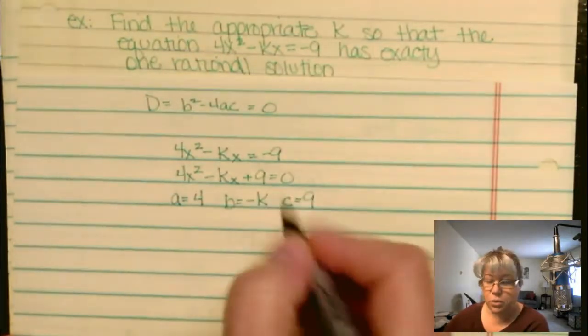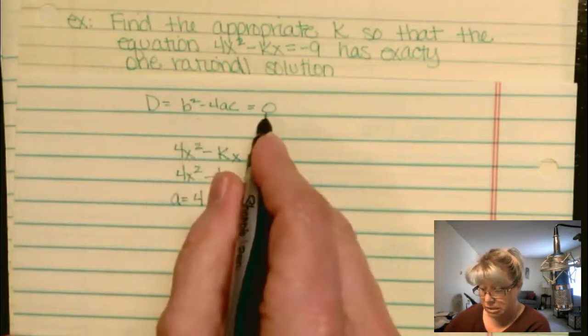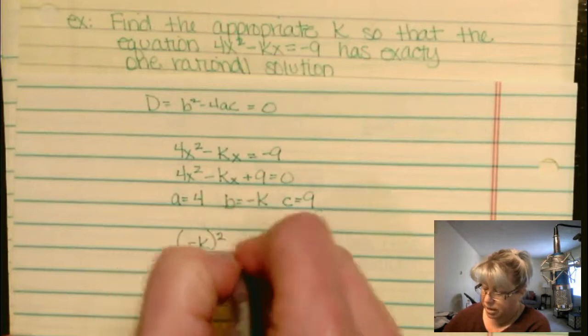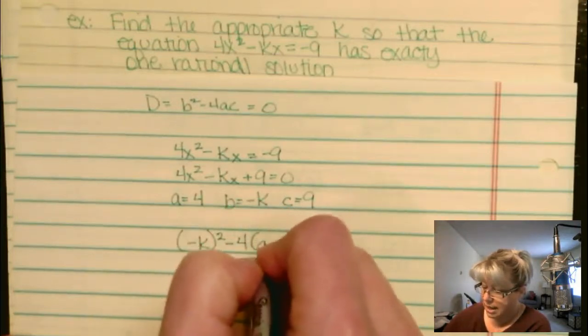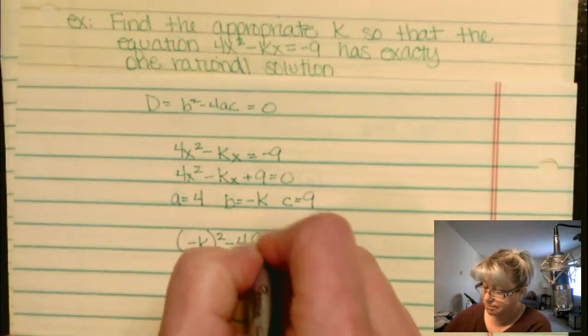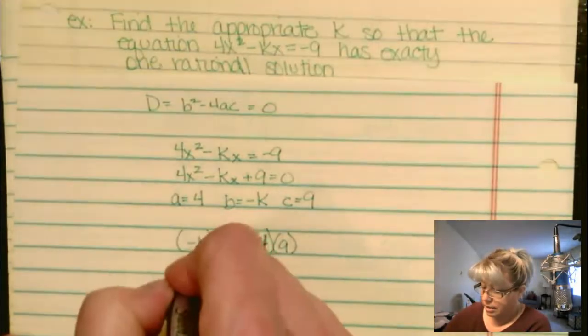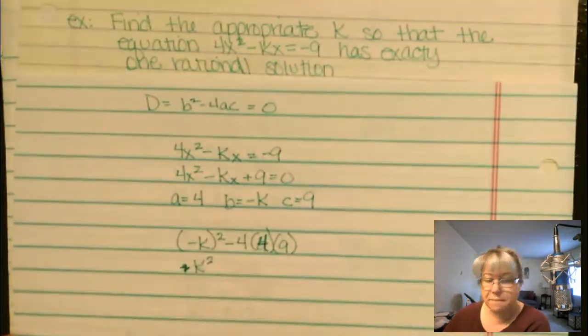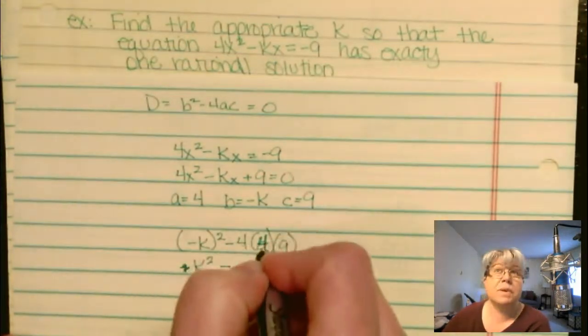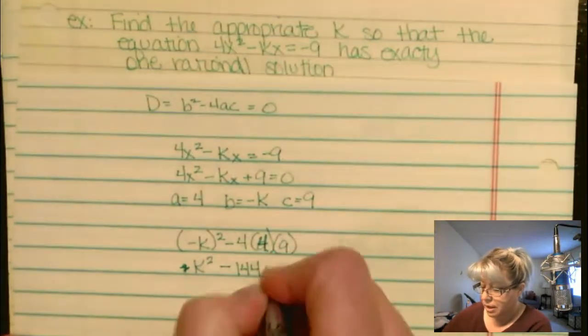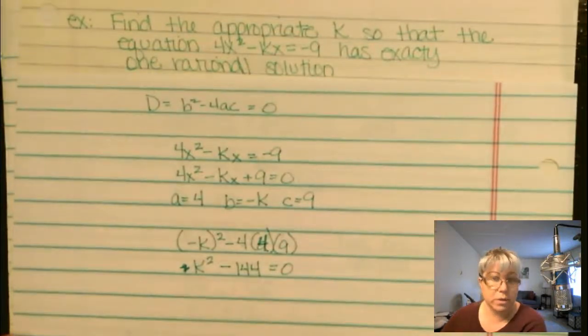Let's plug these values into our determinant, which equals 0. Negative k squared minus 4 times, a is 4, c is 9. Positive k squared, sorry about that, minus 4 times 4 is 16 times 9 is 144, and all of this should equal 0. We're forcing it to be one rational solution.